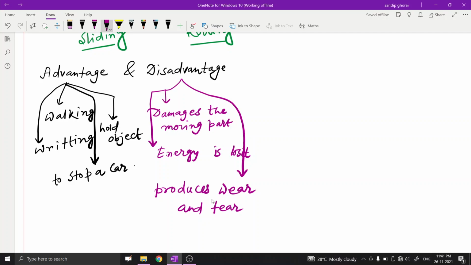So this is the simple idea about the whole chapter. In this chapter we discussed force, the effects of force, the unit of force, and also types of forces, that means contact and non-contact. Second, we moved to the next part, friction, which is also an example of contact force.